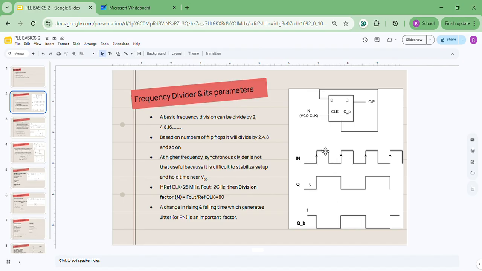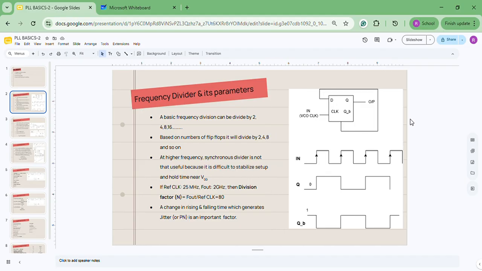So effectively for one time period we are getting a high and then a low. In terms of frequency, our input clock was divided by 2. So the output Q is basically a divide by 2. This is one of the basic frequency dividers.